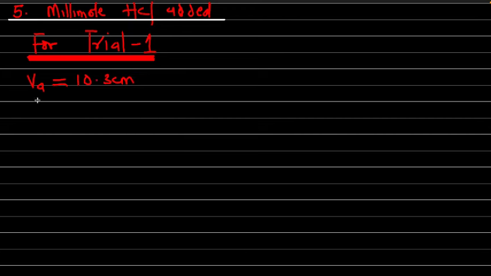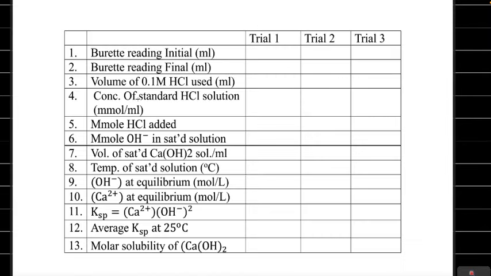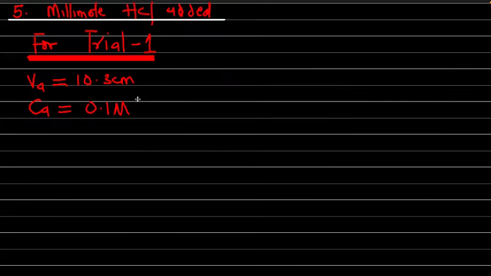Now, what is the concentration of this particular one? The concentration of HCl, from the previous video, is 0.1. Okay. Now, the next thing you're going to ask yourself: they are asking me for the millimole. But remember, for me to get my millimole, I'll first of all get my mole.